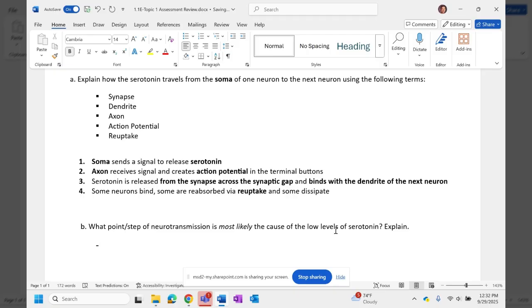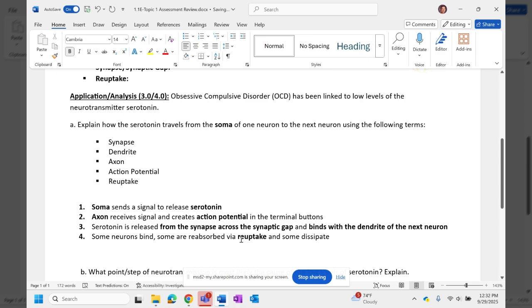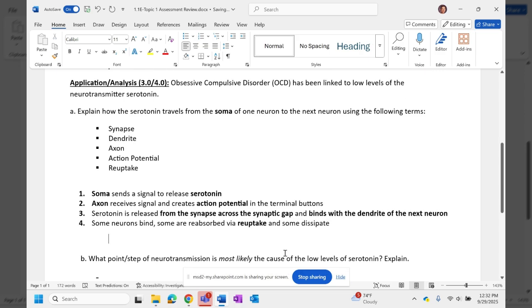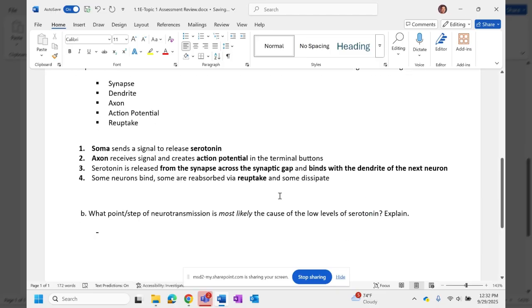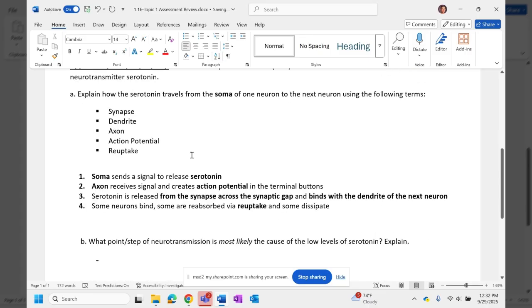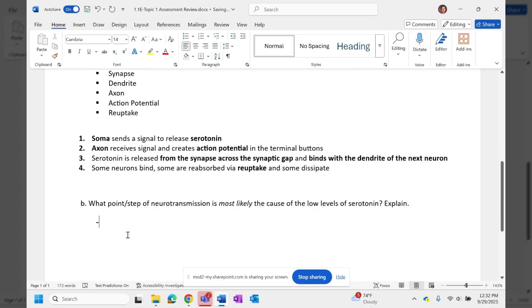So where it's probably going to happen is, we think about, why does reuptake happen? Well, reuptake happens because not every neurotransmitter can bind. The issue of low serotonin levels is probably because not enough serotonin is binding to those receptors to create further neurotransmission. Remember, it's an all or nothing process.